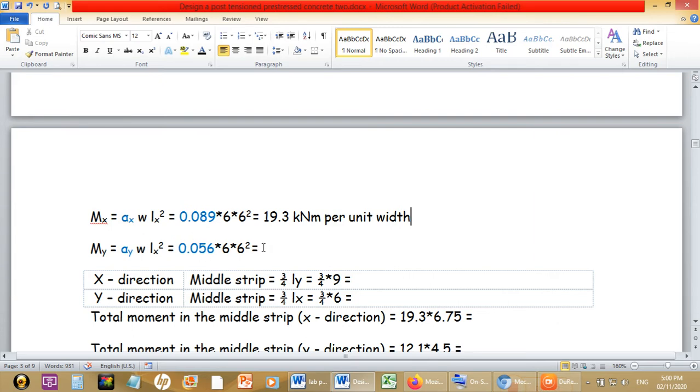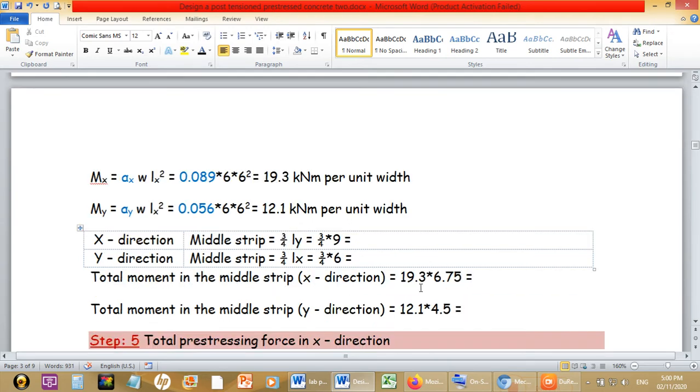If we do that calculation, then we get the value of moment as 12.1 kilonewton meter per unit width. But for the actual design we want the total moment in the middle strip. To get the total moment in the middle strip, we are going to multiply this moment per unit width by the middle strip length.